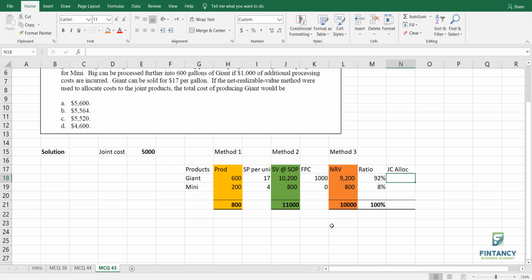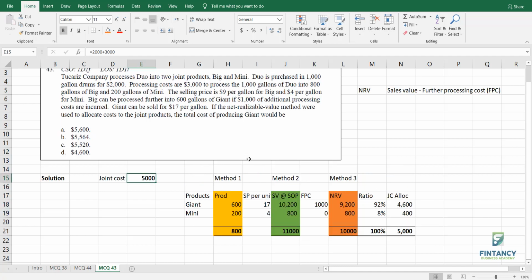How much is the joint cost allocation for joint? Joint cost is how much? We can fix it again and multiply by the percentage. Total should match with the joint cost. See, 5,000, 5,000. It means total joint cost has been allocated.